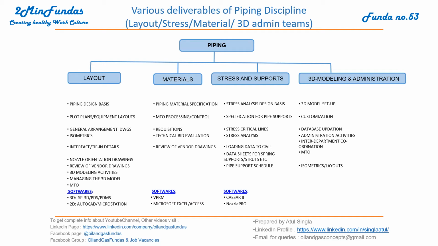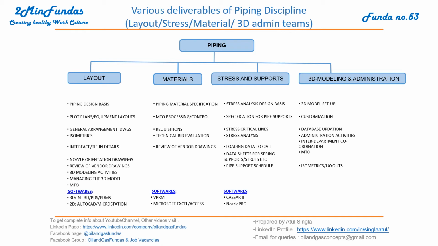At the same time, the stress team has to perform stress analysis, and they have to prepare the stress analysis design basis and the specification for pipe supports. These are the two major documents they have to prepare at the beginning of the project. Then they have to identify the critical lines and the non-critical lines. Then stress analysis is done based on all the information available.